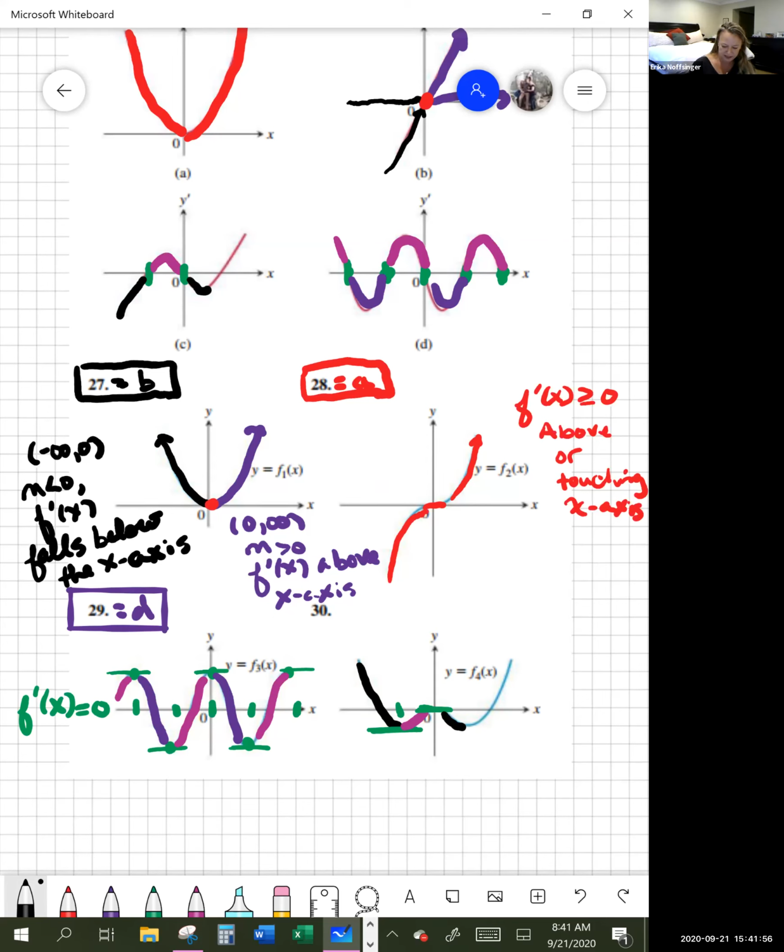So it's below the x-axis. So at the min, it's where it's crossing. And then it's increasing forever then. So it's above the x-axis forever then. And so this graph here relates to, what did we just say? C.